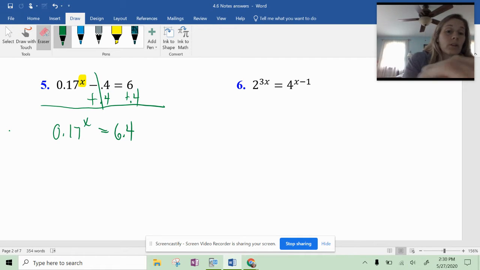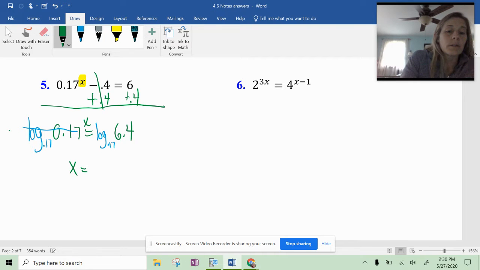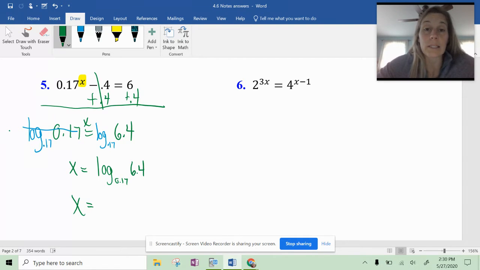So in this situation, we're going to have to log both sides. So log base 0.17 on both sides of the equal sign. So now in my calculator, I'll do log base 0.17 of 6.4. So even though they're decimals, you can still put them in.